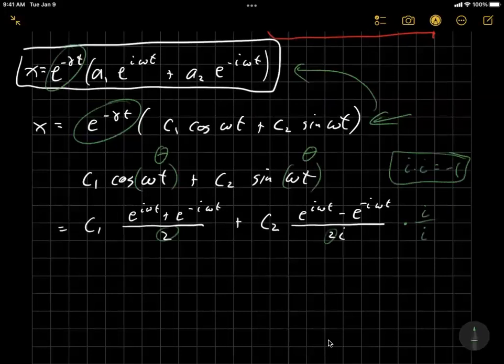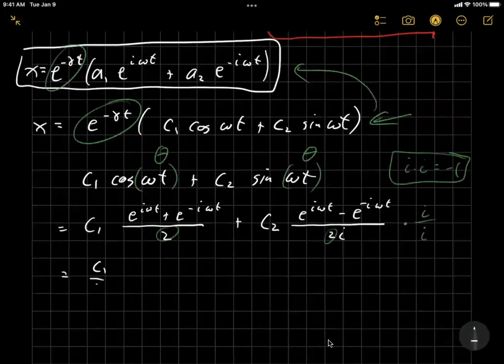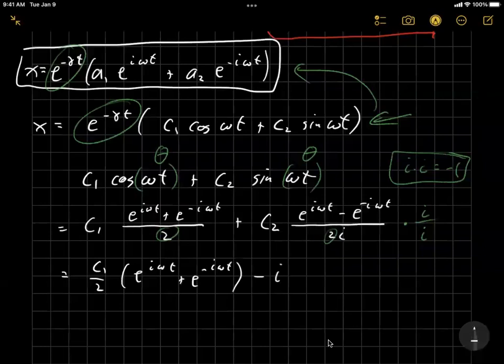So I can rewrite this as C1 over 2 times (e to the I omega t plus e to the negative I omega t). That's my first term. And then I'll have minus, because of the I times I in the denominator, I times C2 over 2 times (e to the I omega t minus e to the negative I omega t).